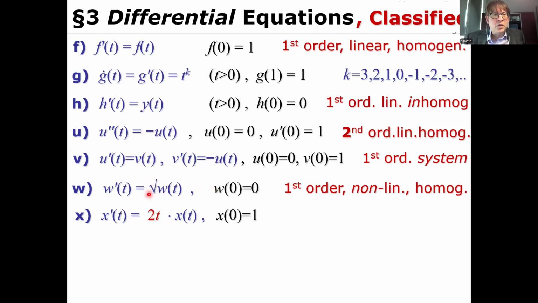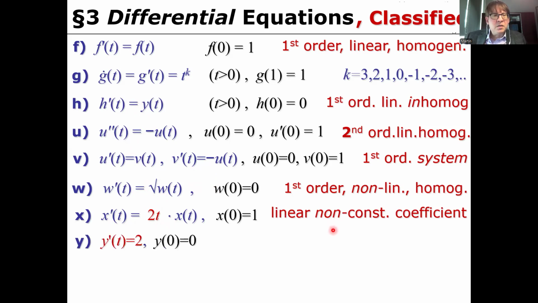Here's also coefficient 1, but here's a constant 2 times t, right? And this is a non-constant coefficient because of course t is variable, right?